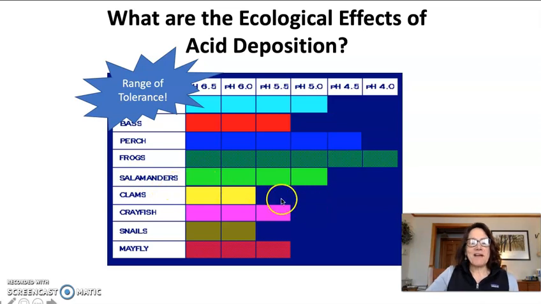Clams have a very narrow range of tolerance. The minute I get a pH below 6 or more acidic, they simply won't survive there. Mayflies also have a pretty narrow range of tolerance. If you were out on the Yellow River water testing field trip, we saw that mayflies were indicators of pretty good water quality.